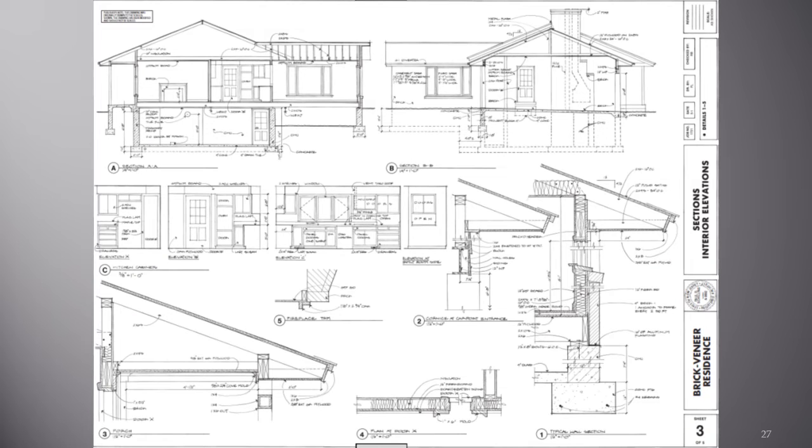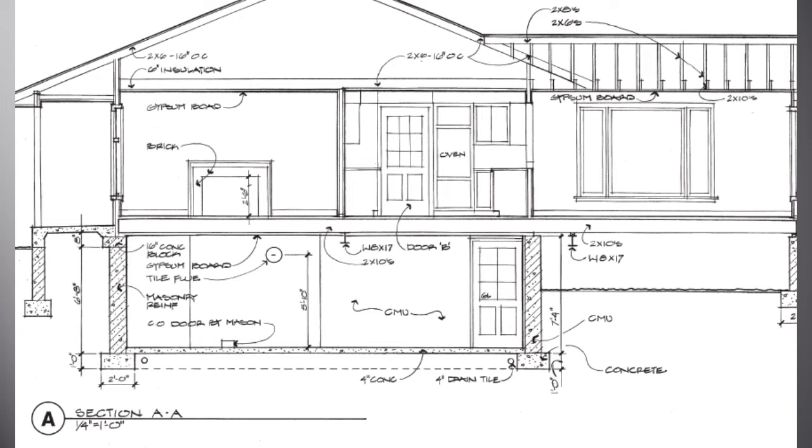Turning our attention to Brick Veneer 3, I want to point out some information found on section AA and detail number 2. In section AA, we can see the W8 by 17 wide flange beams and the 2x10s that are across it. Recall, we were looking at a plan view, and these W8s were running in this direction and the 2x10s were running across.